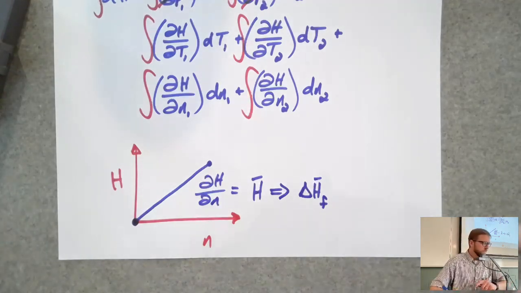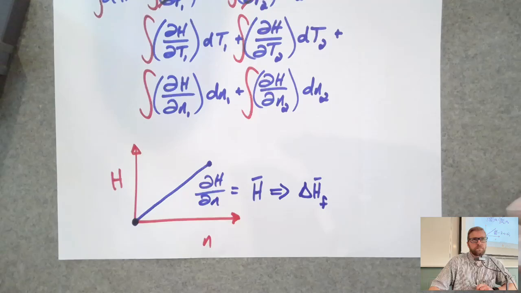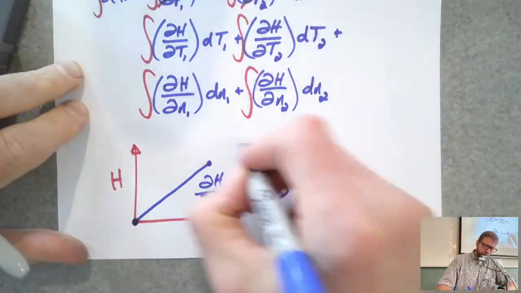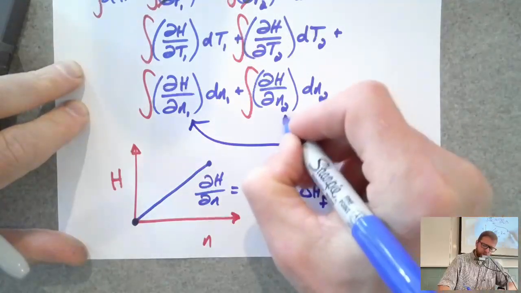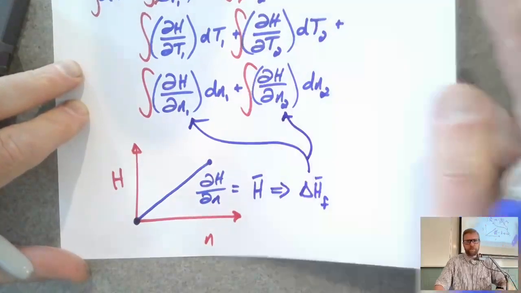Because our reference state is elements in their standard state, right? So we just count that to be 0, and then we go from there. So we can throw this in here for each of the phases. Let's do that. Let's pull that out, and then we'll throw them in and see what happens.